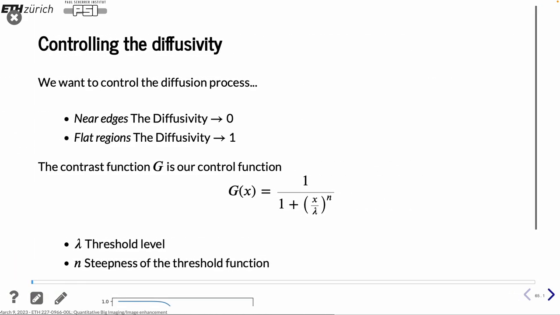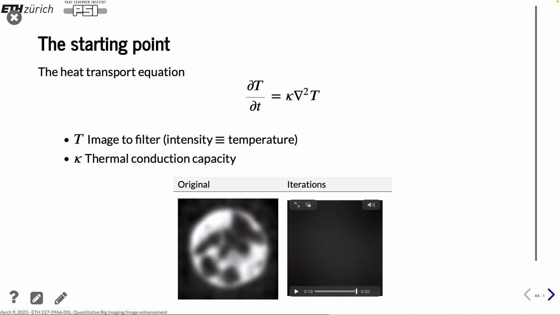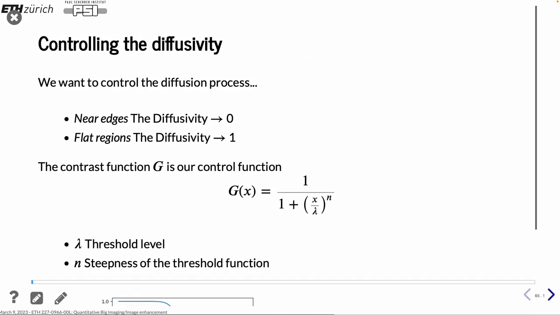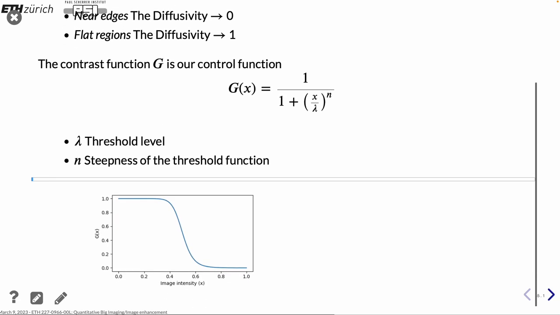So what we do is we introduce a function that controls the diffusivity, which in the previous slide, the K, or kappa, is a constant. But now, for the image processing case, we replace it by a diffusivity function that controls that the diffusivity is high for some regions, and it's low for other regions.